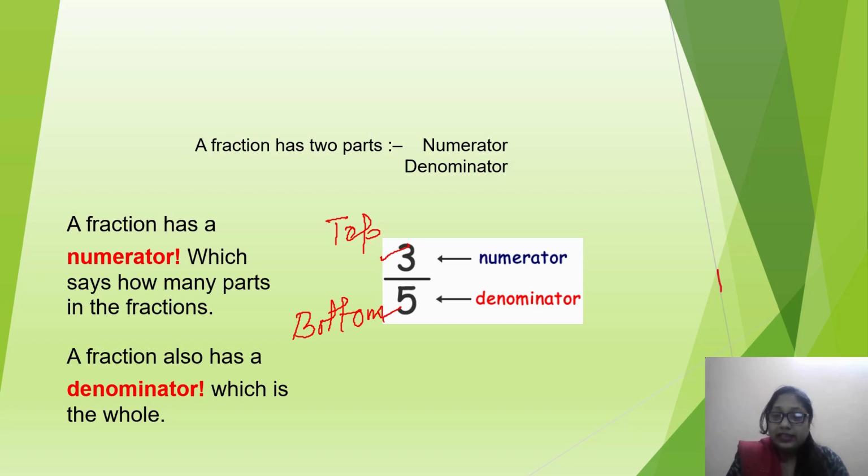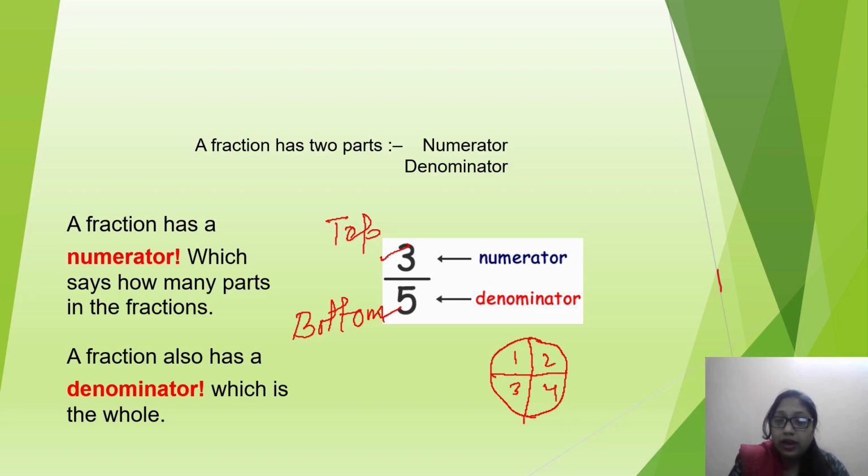For example, I am just going to take example of a pizza. This circle will show a pizza. I'm just going to make 4 equal parts of it. The important thing is the 4 equal parts. Number of parts will be equal in the fraction. So it has total 4 parts: 1, 2, 3 and 4.